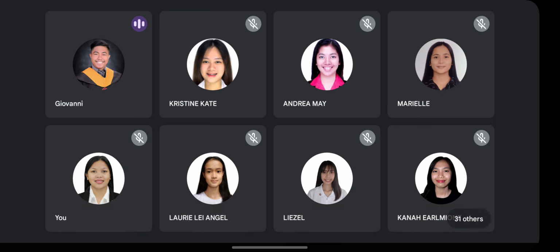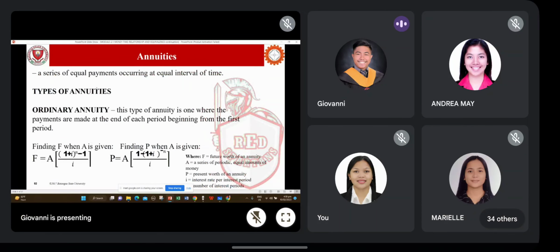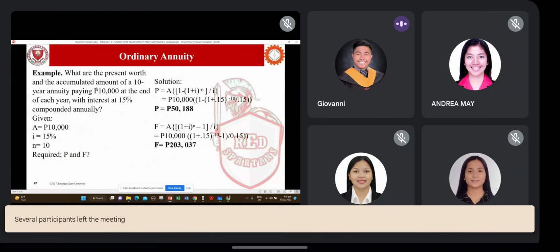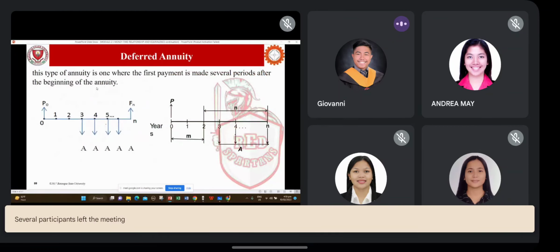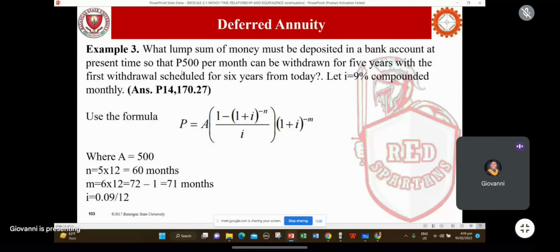Then, okay naman kasi tayo ay F class ay Friday. Plus I raised to n minus 1 over I. Then yung cash flows na kailangan maintindihan paano i-draw for ordinary annuity. Deferred. So, padami ng padami po yung formulas natin.